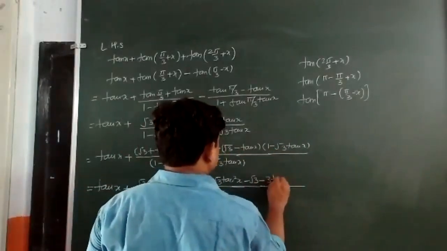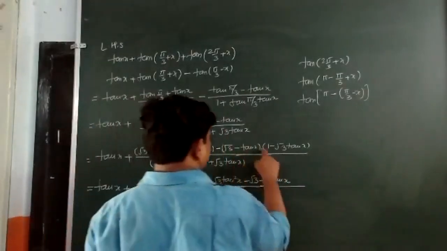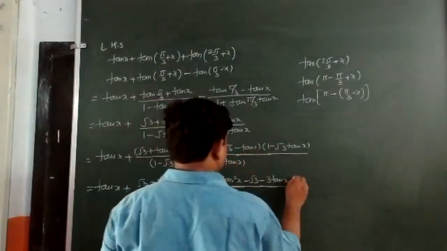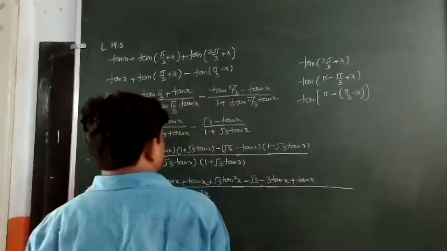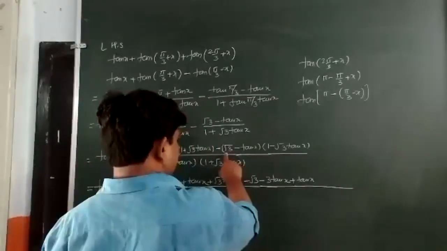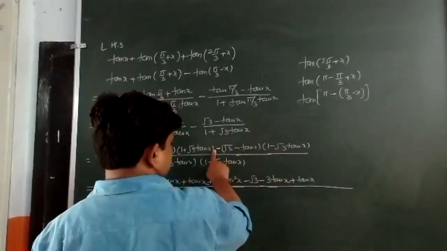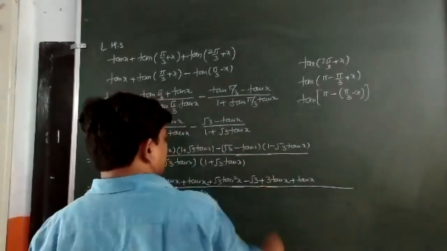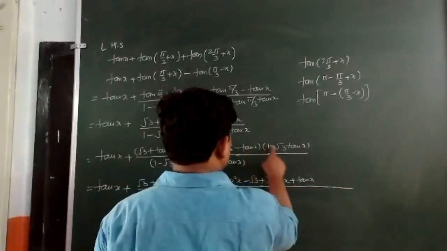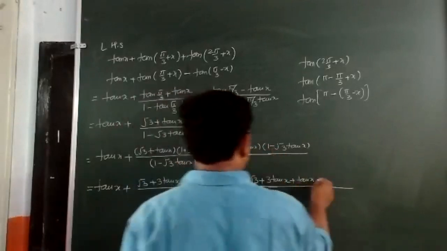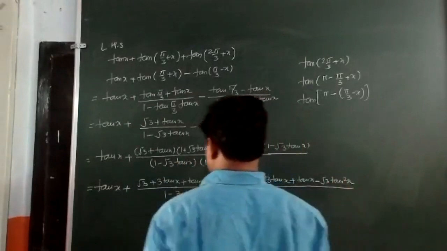So I will make 3 tan x. Now here I am writing minus, but this minus will make it plus tan x. And then once again you can see root 3, minus will make it plus. And now when I multiply by minus tan x, minus and minus will be plus, but this will make it minus root 3 tan square x.